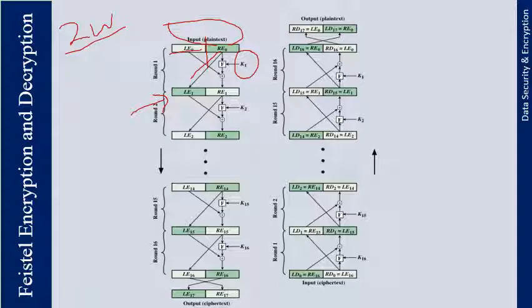So if we write the equation, we get the left input LE(i) is equal to RE(i-1). For example, if we want to find out the left input of the first step, we get the right input of step 0.